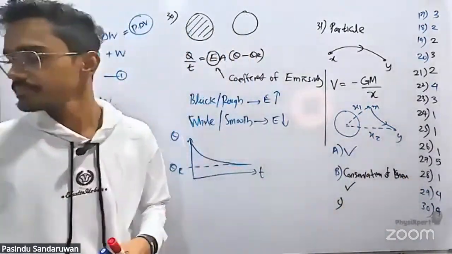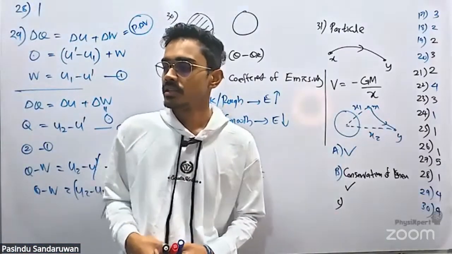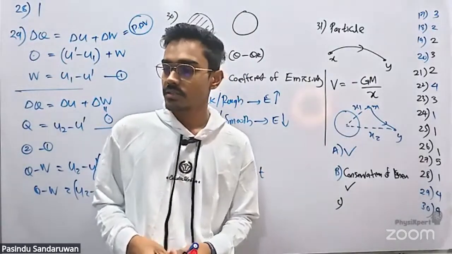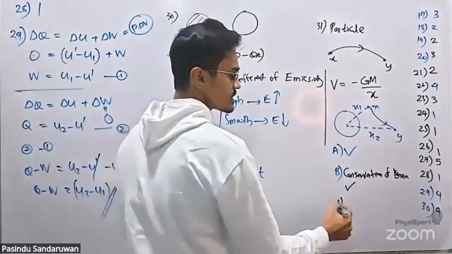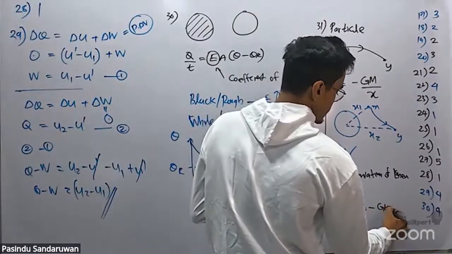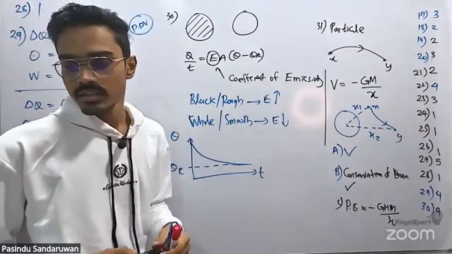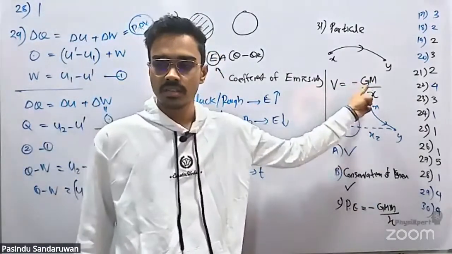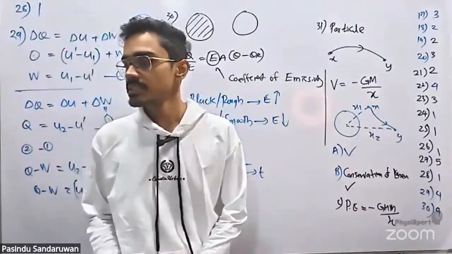C. The potential energy change is independent of the mass of the particle. Potential energy, not the potential. Potential energy is minus G M m over X, while potential is minus G M over X. Is the potential energy change independent of the mass?